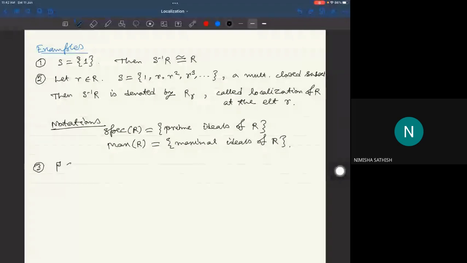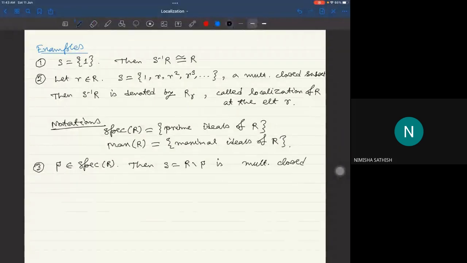Then you can have the third example: you just consider a prime ideal P. Now in a natural way, can you construct a multiplicatively closed subset? Then S equals R minus P, that is the collection of all elements of R outside P. Of course, this is a multiplicatively closed subset.